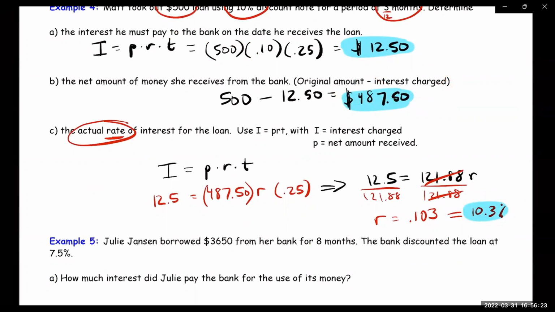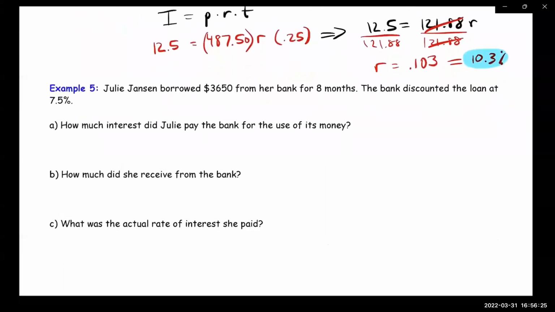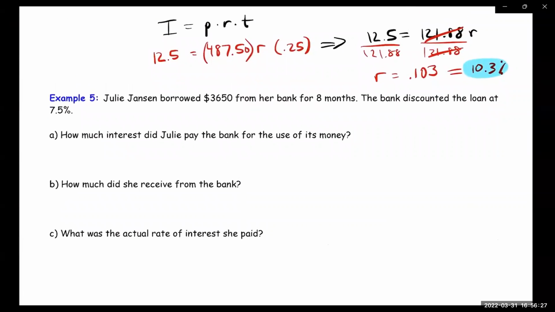All right. Let's look at this one. Julie Jansen borrowed $3650 from her bank for 8 months. The bank discounted the loan at 7.5%. How much interest did Julie pay? Let's find out. Same old thing, IPRT.